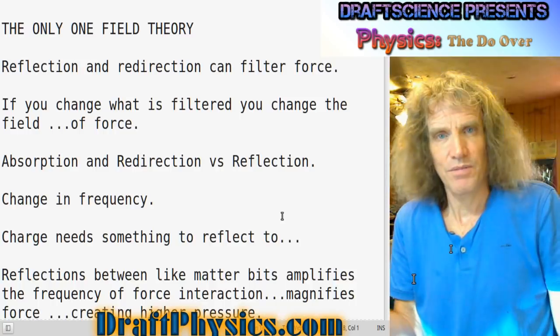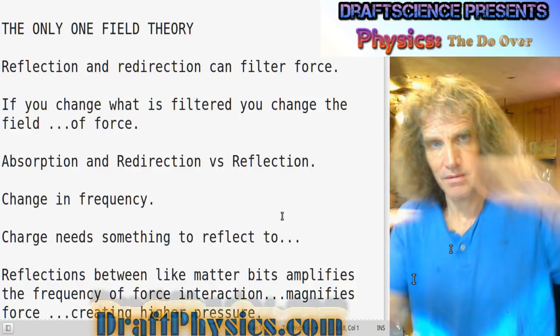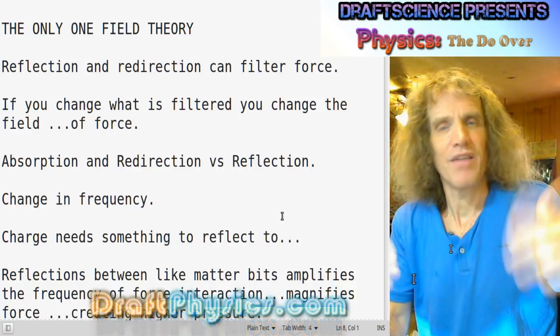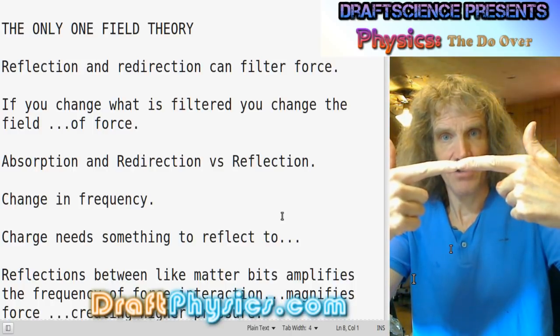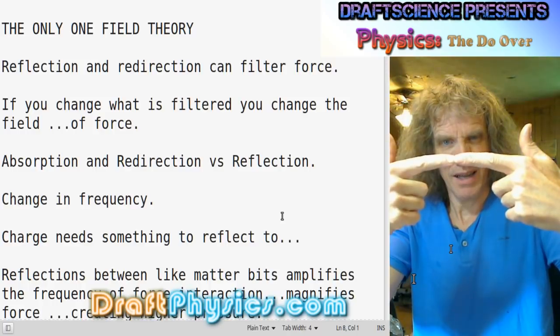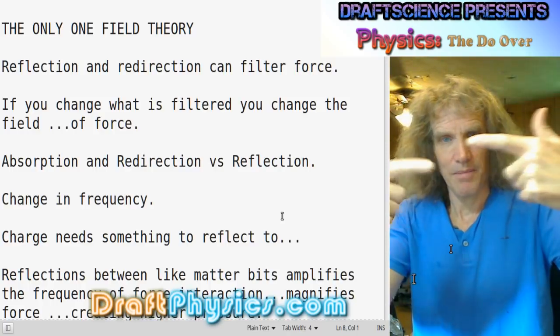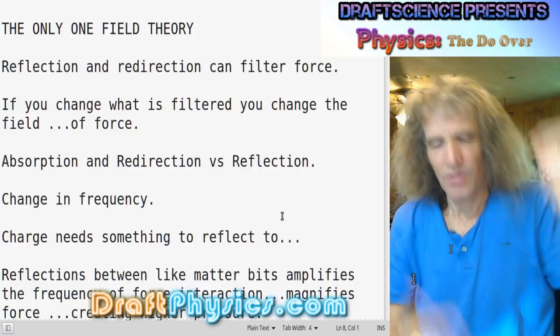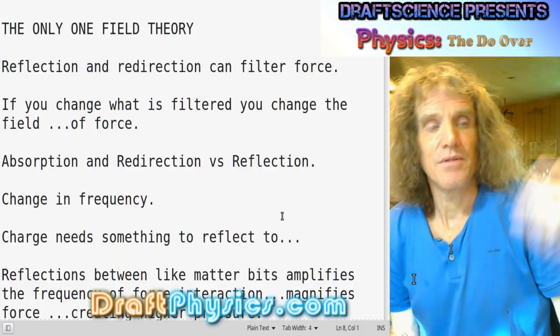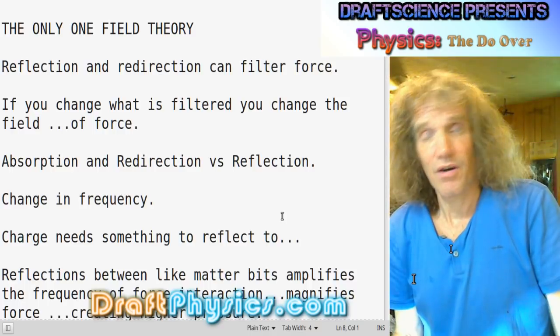See, in the field, the force bits never hit each other. Whatever the reason is, or they hit each other and it doesn't matter, like two kinetic balls hitting each other head on. You really can't tell if they hit each other or they miss each other. The universe looks exactly the same. So it doesn't create a significant difference unless they are of different colors.